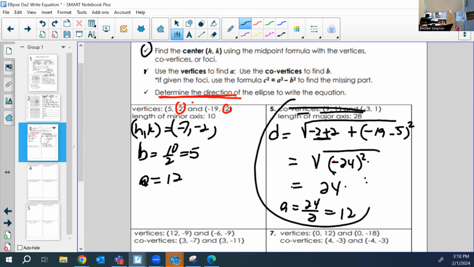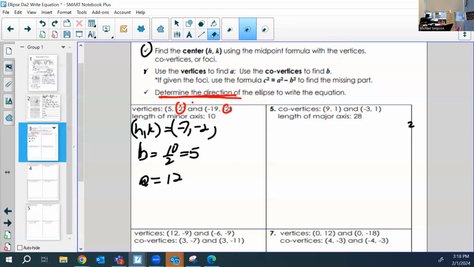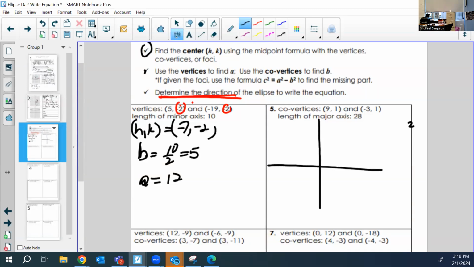I'm going to graph it to show you what I'm talking about, so you don't have to use the distance formula all the time. Let's graph these two points. Say 5, negative 2 is over here. Let's call it 5, negative 2. And then negative 19 is somewhere way over here. Let's call this negative 19, negative 2.